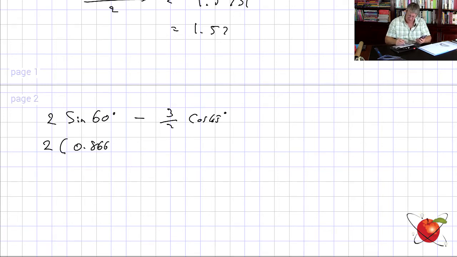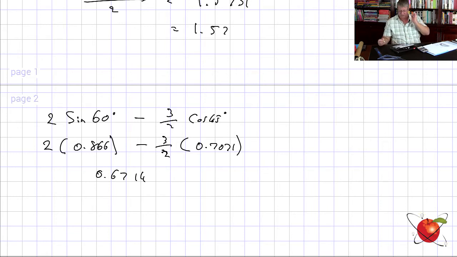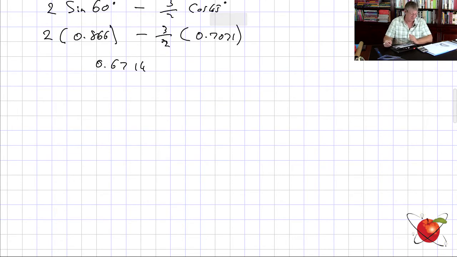Minus 3 over 2 times cos 45, and we say that is 0.707. Then we calculate these out normally, and the answer we're going to get is 0.6714. Because we'd multiply that by 2 and that by 3 over 2 and then subtract them. That's your basic calculator moves that you should know how to do at this stage.